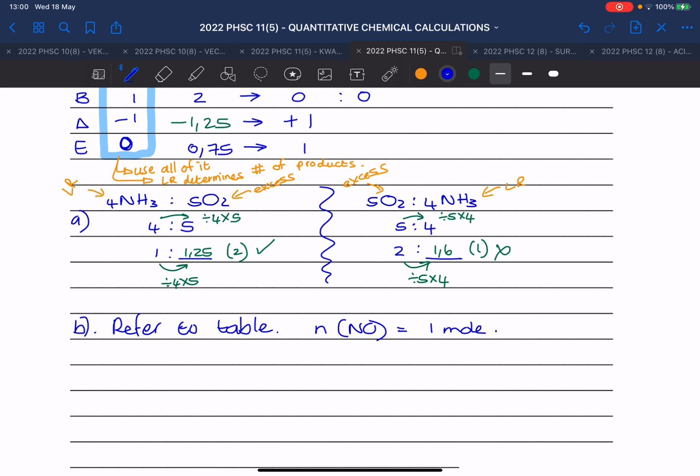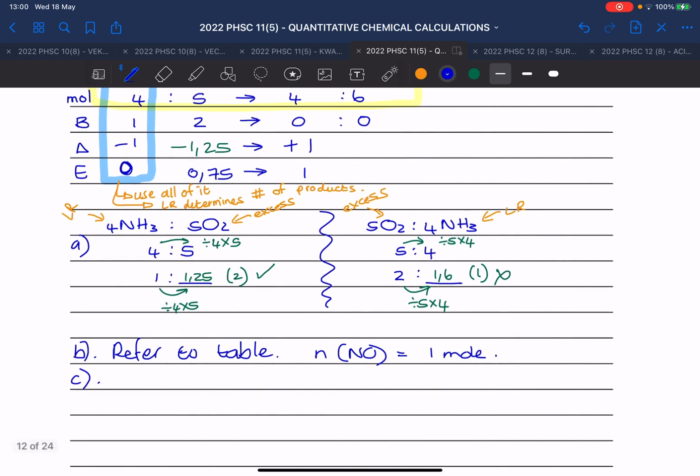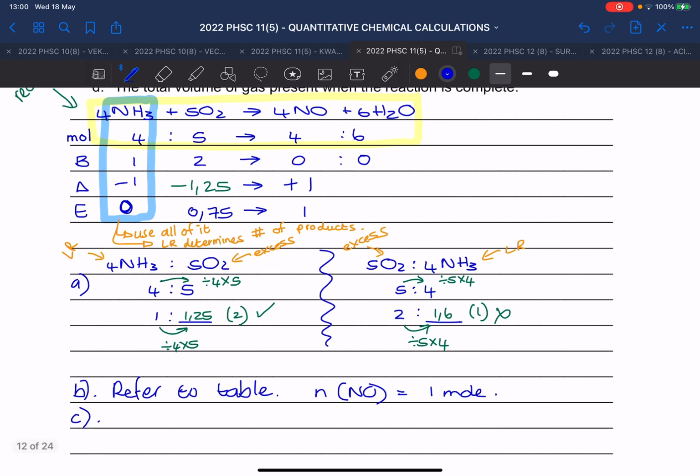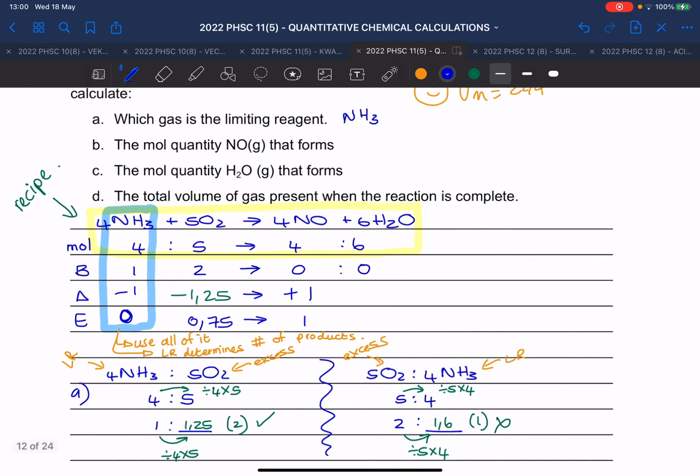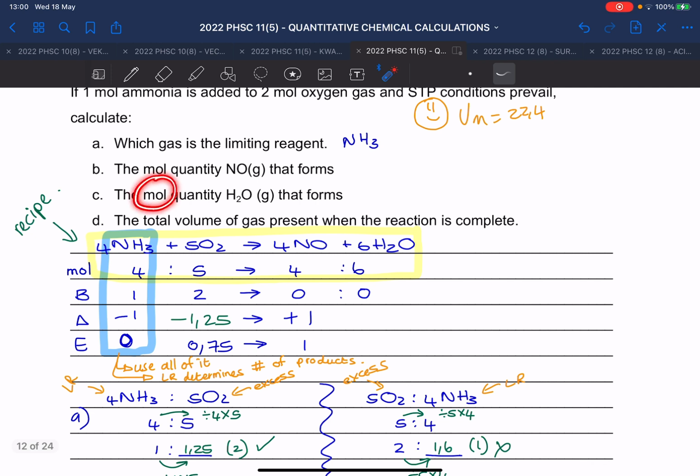Then at question C, they ask, what is the mole quantity of water that forms? Now again, you can either do it in your table, but this mole ratio is a bit difficult. It's not just 4 to 4, like the last one was easy. It is 4 to 6.